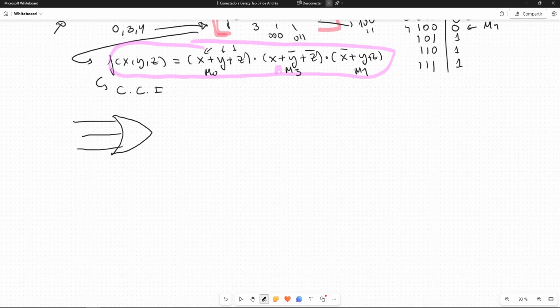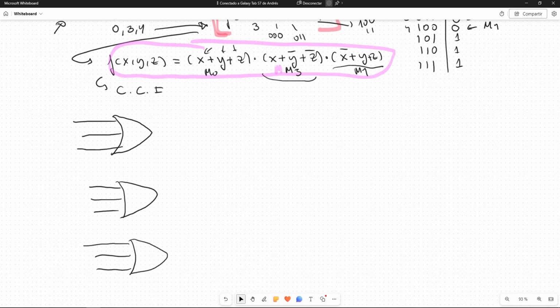We have here another OR gate with 3 inputs, and finally another sum with 3 inputs.